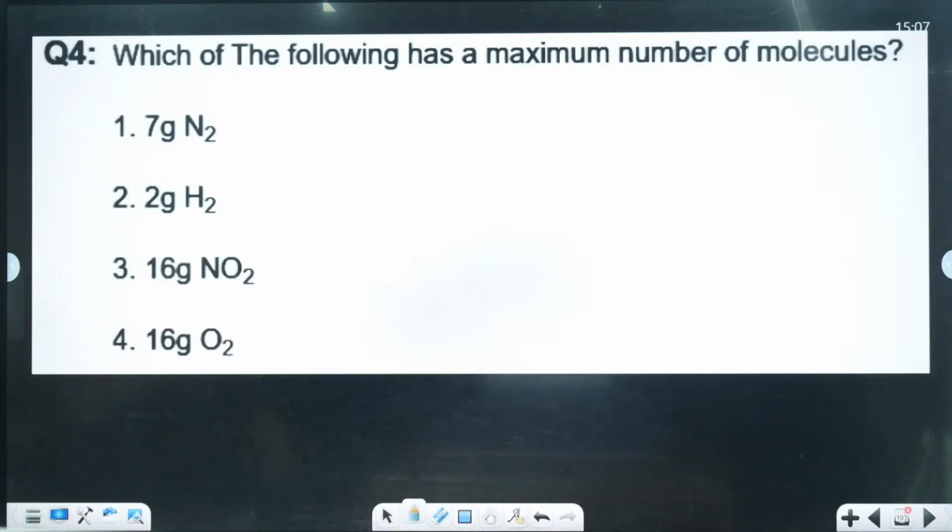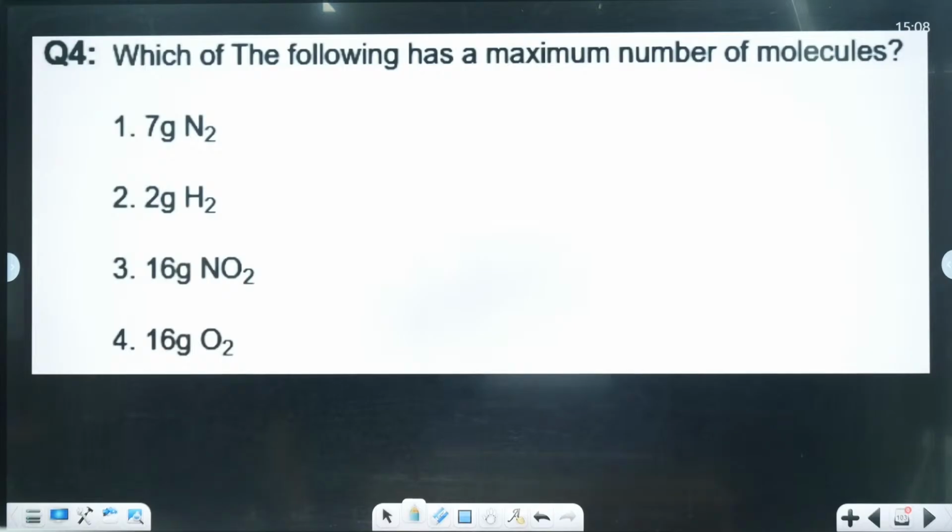Which option will be the correct answer? 2 g H2 will be the correct one.